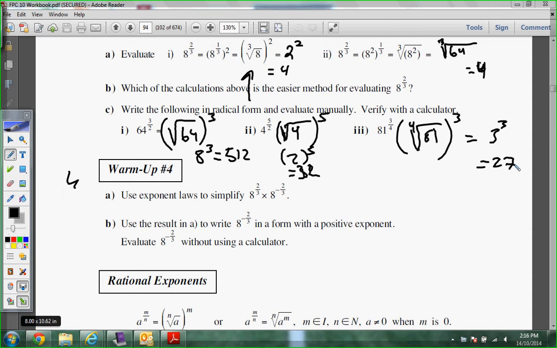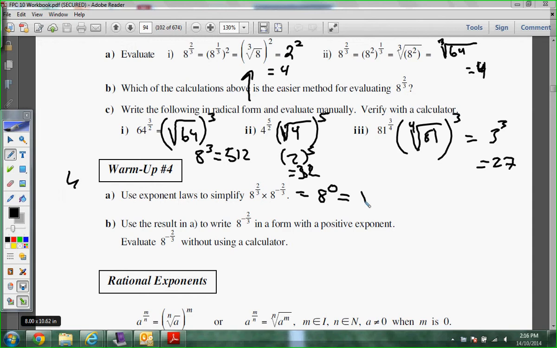Okay, use exponent law to simplify these two. Well, what's 2/3 plus a negative 2/3? 0. What's 8 to the 0? 1. Good. Okay, use the result in A to write 8 to the negative 2/3 in the form with a positive exponent. So, this is what we kind of talked about today.